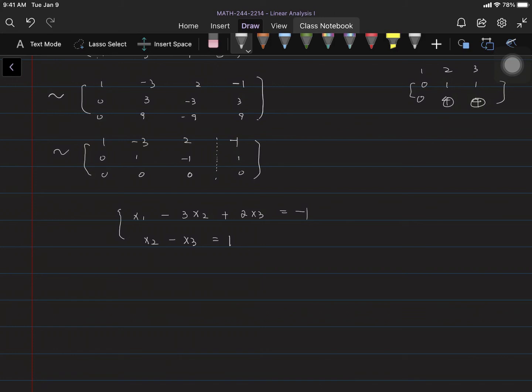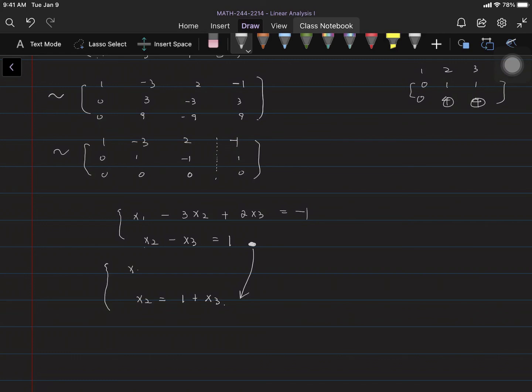So in this case, there is a free variable, so we can solve the second equation. This is the second equation. Solve for x2: x2 equals 1 plus x3.